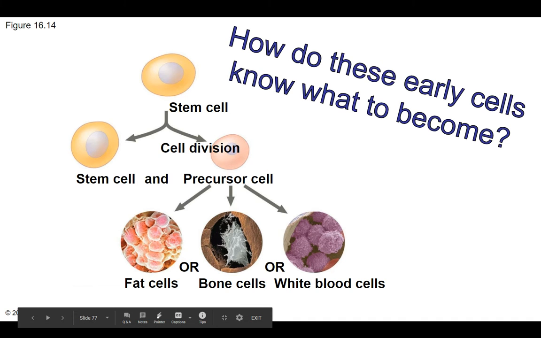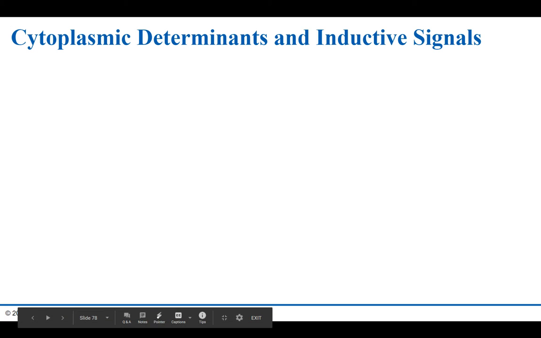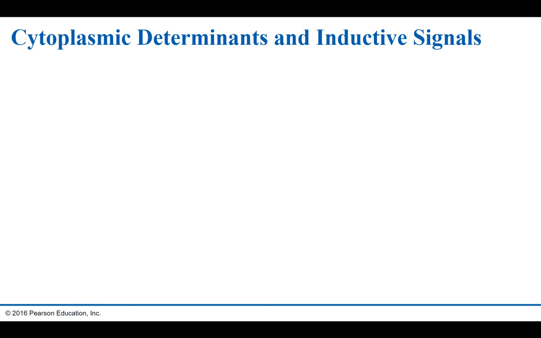So in this very beginning stage, in this morula, how do these really early cells know what type of cell to become? Those signals come from two main places. One of them is called cytoplasmic determinants, and the other process is called induction. So we're going to talk about both of those real quick.